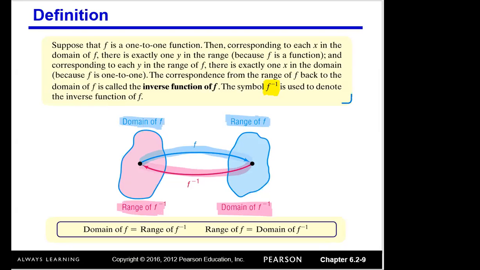Basically, to get the inverse, you just switch your x and y coordinates and then graph that list of ordered pairs. And what you get is a mirror image of what you started with. And that's called the inverse.